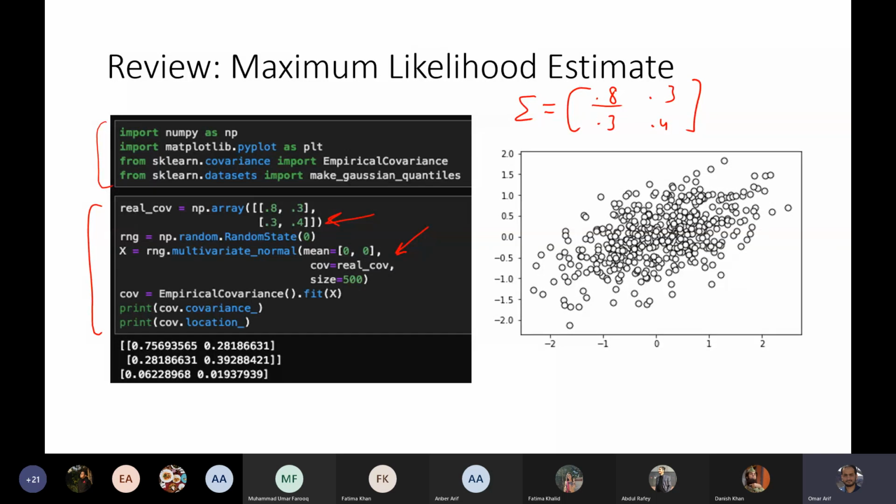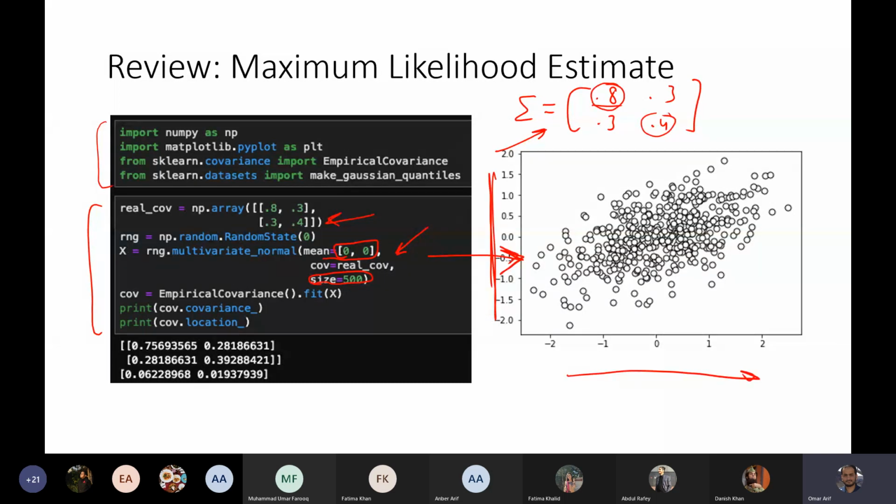As a result it has generated these points over here. You can see that the variance is more in the first dimension because 0.8 is bigger than 0.4, so the variance is low in the second dimension.